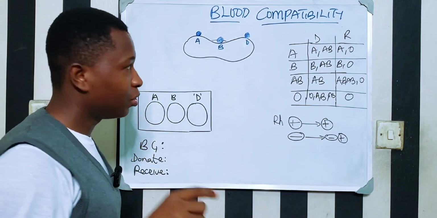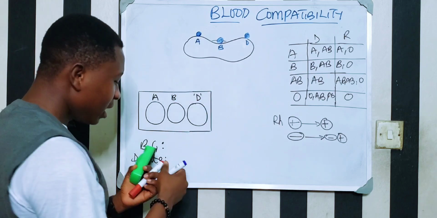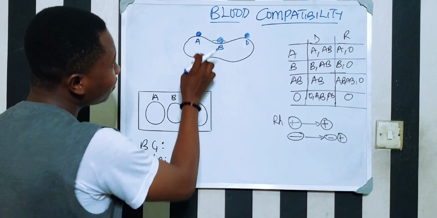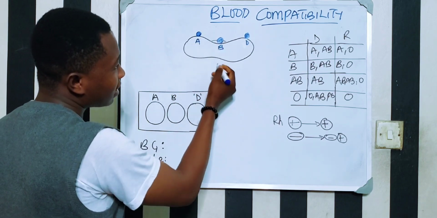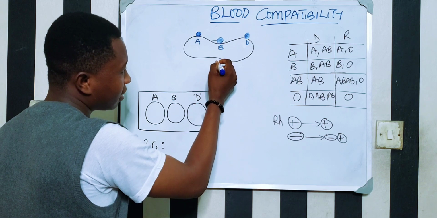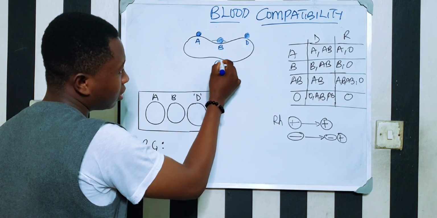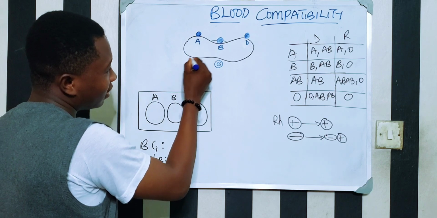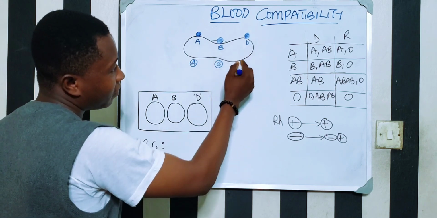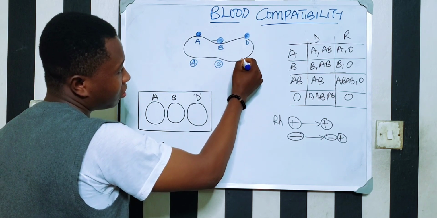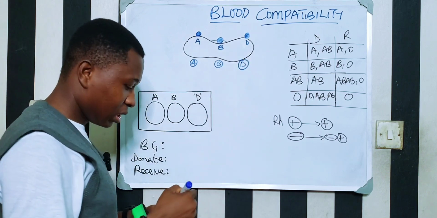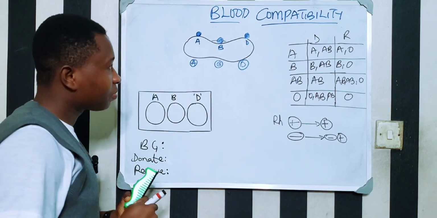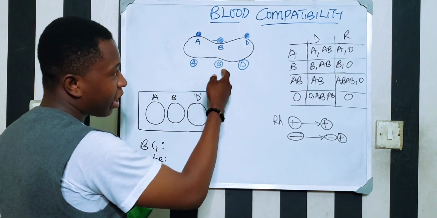Remember in my last video that A has the B antibody, B has the A antibody. Then we have the rhesus factor, the D antibody.